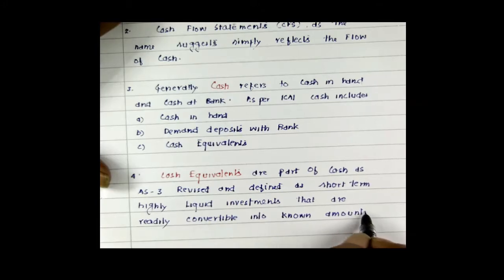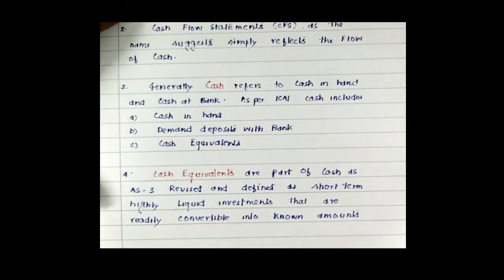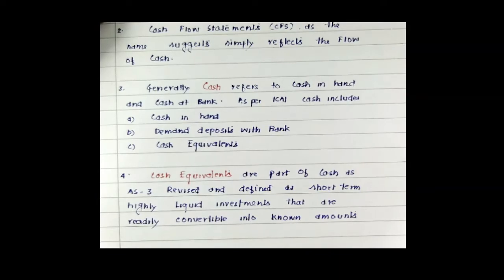Suppose we have made a liquid investment, let us say 1 lakh. Now this 1 lakh is a known amount. That means when you are going to convert it, you must get 1 lakh worth of cash. Then only it will be considered as cash equivalent.